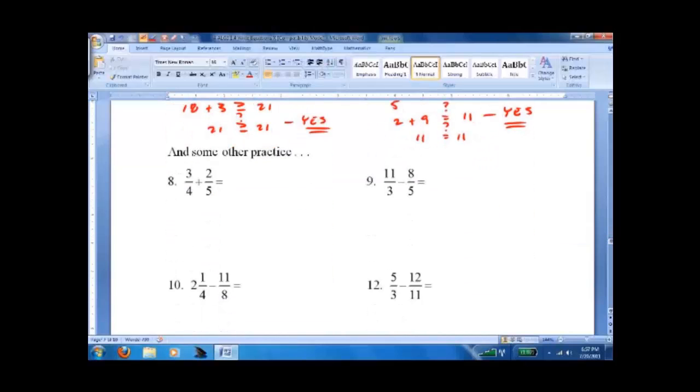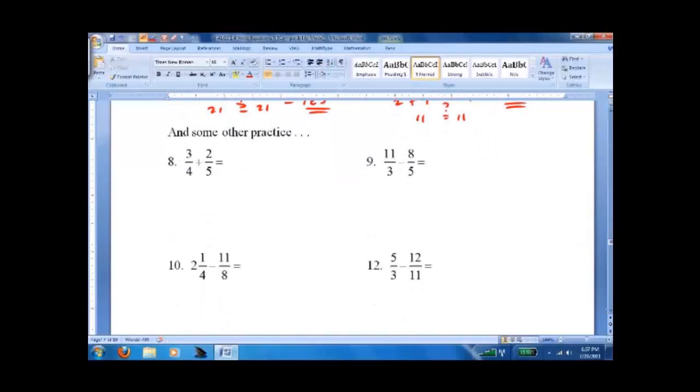And some other practice, some fraction practice, which people always need work on. What's on the bottom of this fraction? 5. Then multiply it over here, 5 and 5. What's the bottom on this fraction? 4. Then multiply it over here, 4 and 4. So it will look like 5 over 5 times 3 over 4 plus 2 over 5 times 4 over 4.